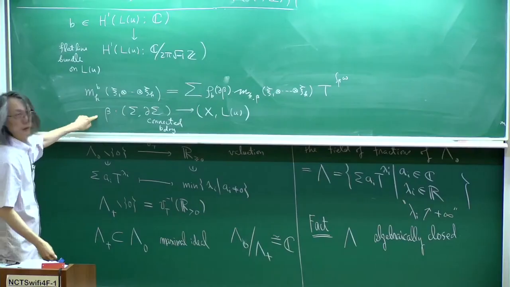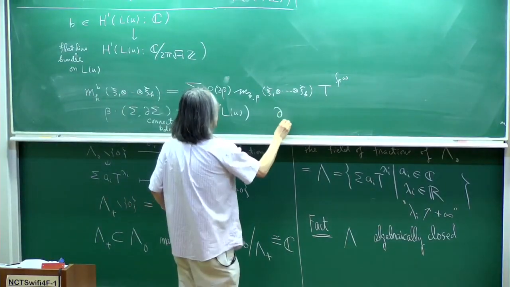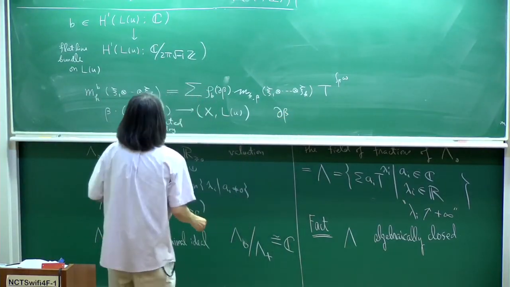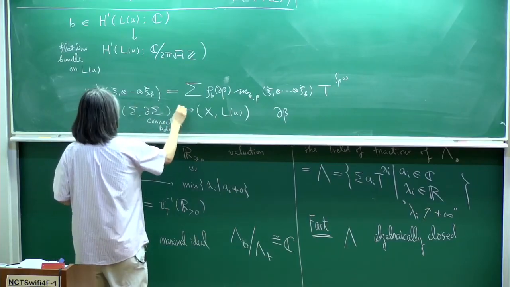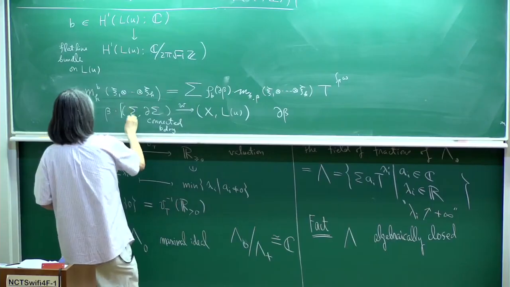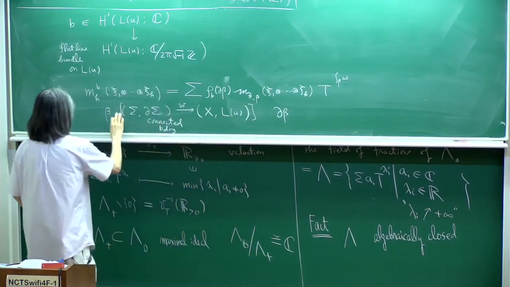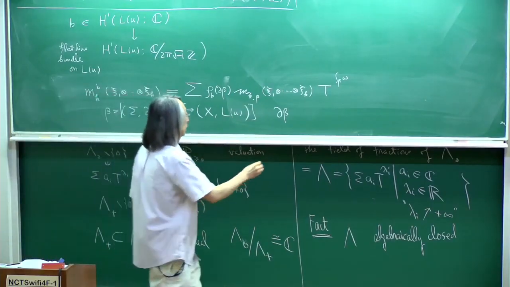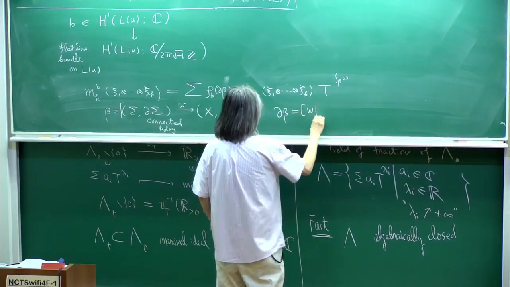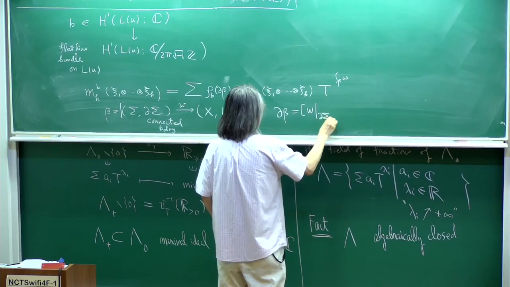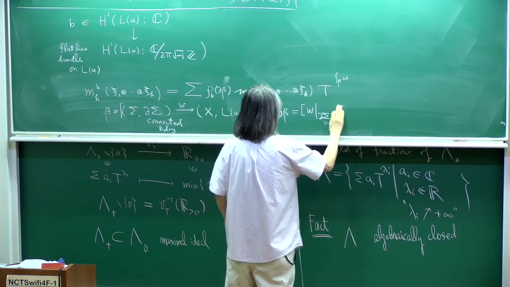So therefore, we can have a class. So this is, I don't know, maybe some W here. If this is represented by this, and then this one is represented by W with d beta, d sigma, right?